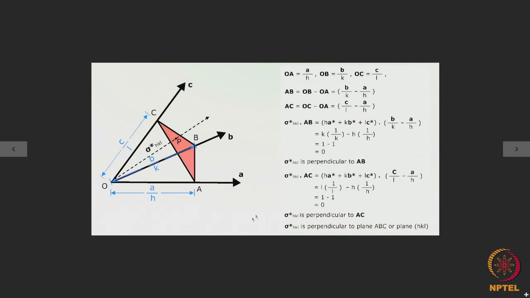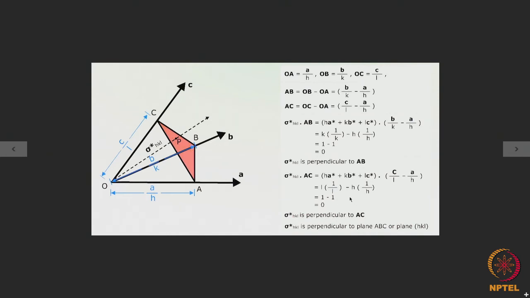In a similar manner, if we do the dot product between sigma star HKL vector and the vector AC, we can again write in its component form h a star plus k b star plus l c star dot c by l minus a by h. It is again becoming 0. So, that means sigma star HKL vector is perpendicular to AC also.